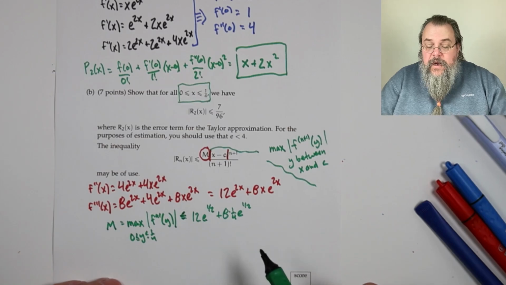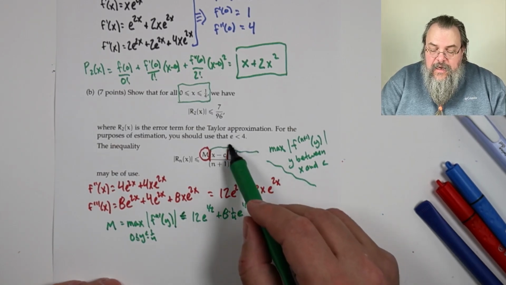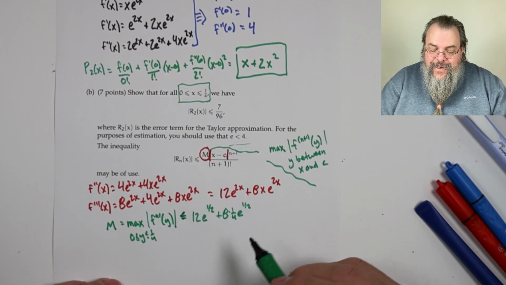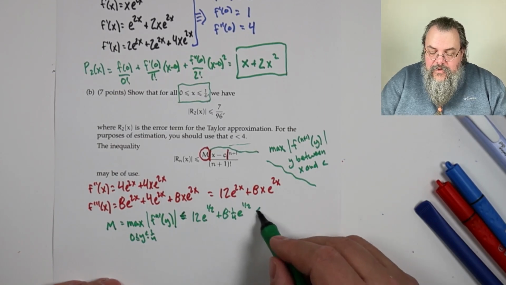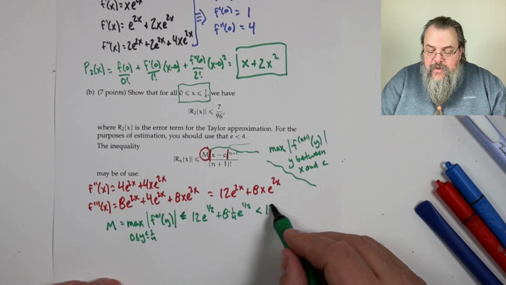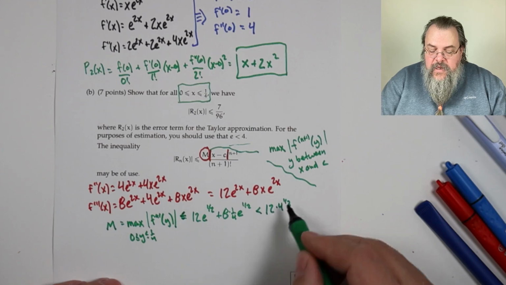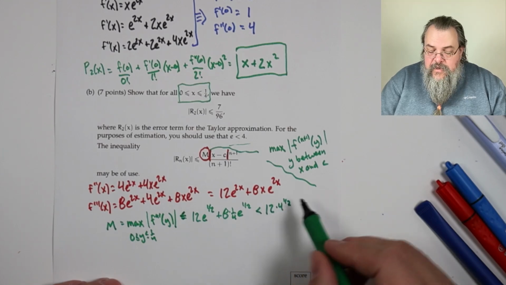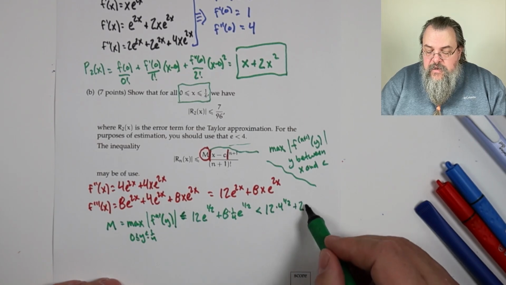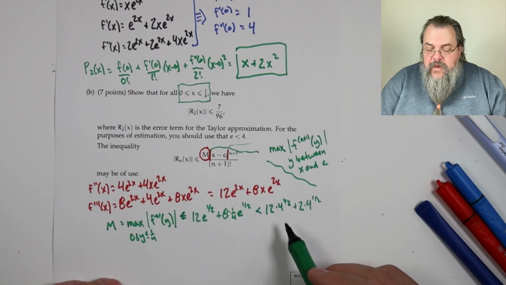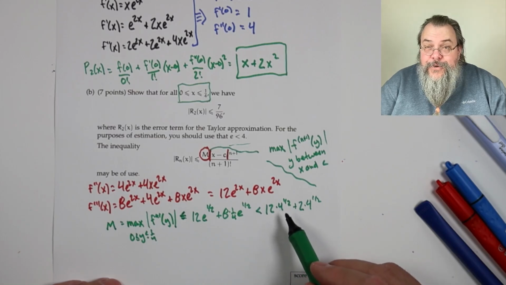Now, you might have noticed something. They said, hey, e is less than 4. Okay, so let's use that. So this is less than 12 times 4 to the 1/2, plus 8 times 1/4 is also known as 2 times 4 to the 1/2. 4 to the 1/2, secret code for 2.